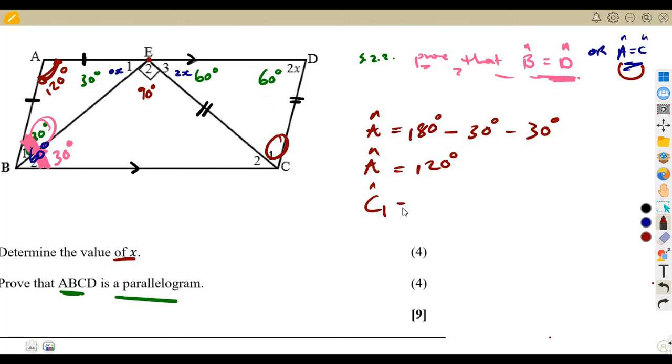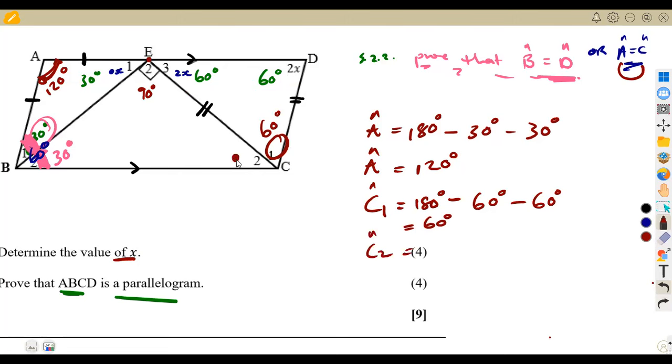So angle C1 is going to be 180 degrees, we subtract this 60 degrees, we also subtract this 60 degrees. So this is going to give us 60 degrees. That's 60 degrees here.